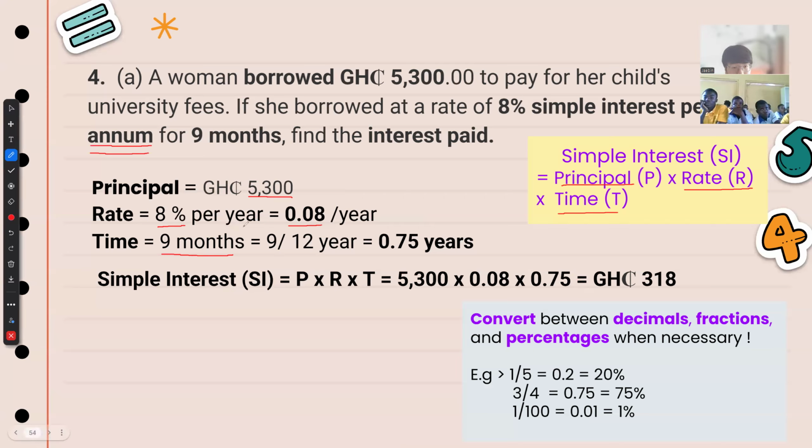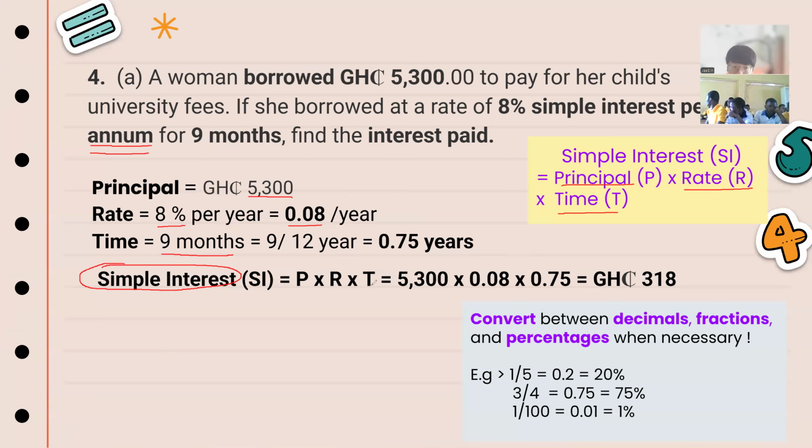You have to multiply the principal times the rate times the time. We're just finding the simple interest and not the total amount of money that is left. We are just calculating the simple interest, and the simplest way to do that is by multiplying the three numbers.